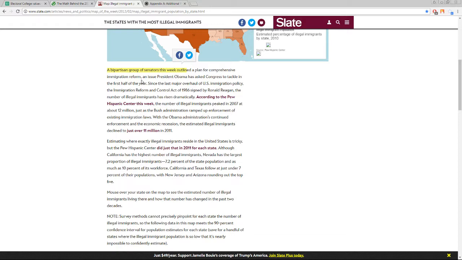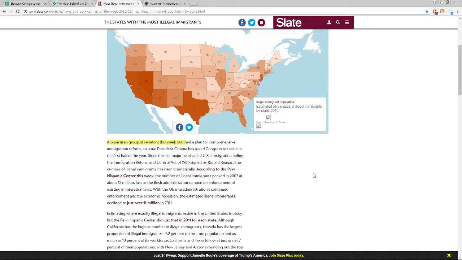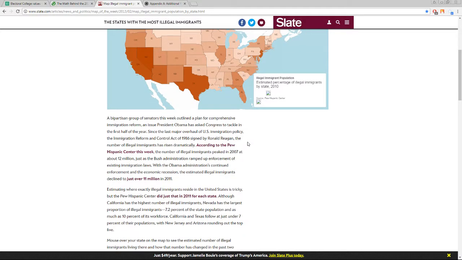This is a bipartisan group of senators that worked on this. So while these numbers can be political, the amount of politics and slanting should be reduced, especially because they went through a very good polling center, the Pew Research Center, which they call the Pew Hispanic Center.